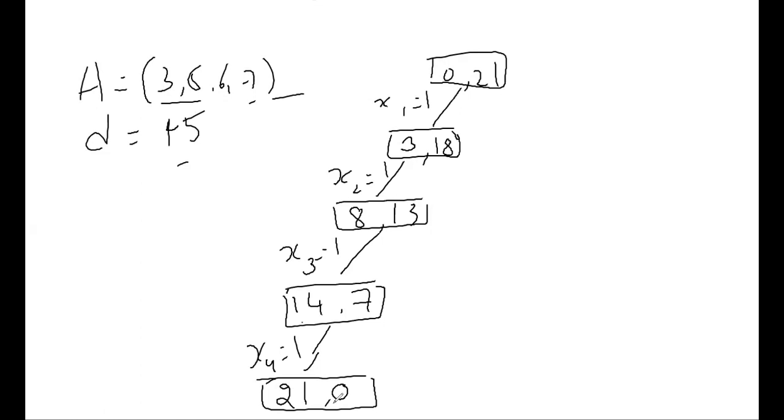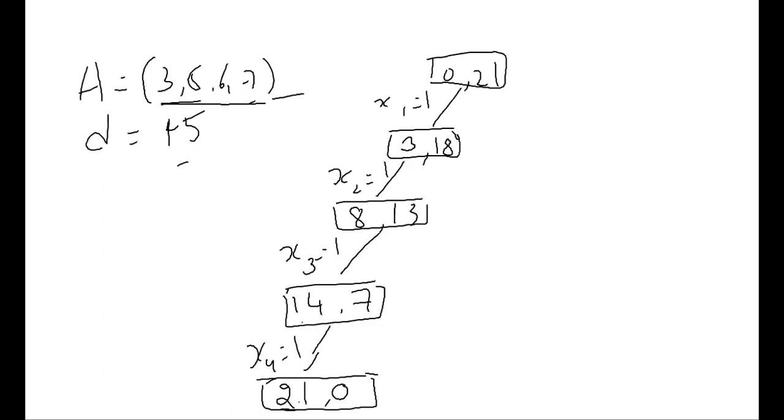So 21 comma 0. How did you get 21? 21 is because we have selected all the elements: x1 is equal to 1, x2 is equal to 1, x3 is equal to 1, x4 is equal to 1. So all the elements are equal to 1, so 21. This implies I am taking all the elements in the given set.